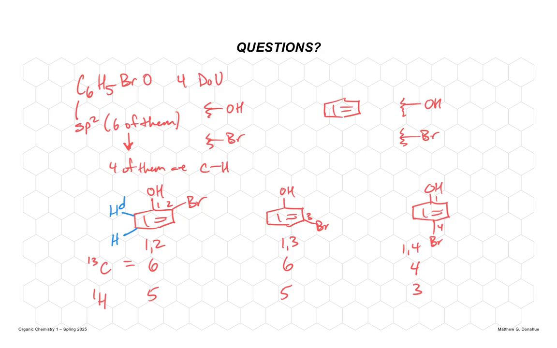Now this hydrogen next door, how many neighbors does it have? 2, so it should be what? Triplet. This hydrogen here has how many neighbors? 2, so that should be a triplet. And then finally, the last hydrogen should be what? A doublet.